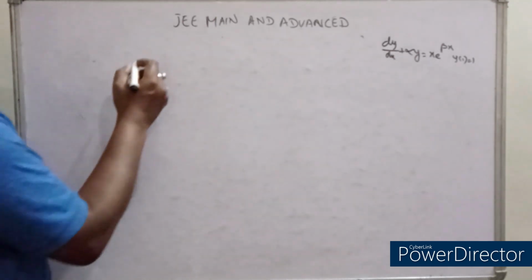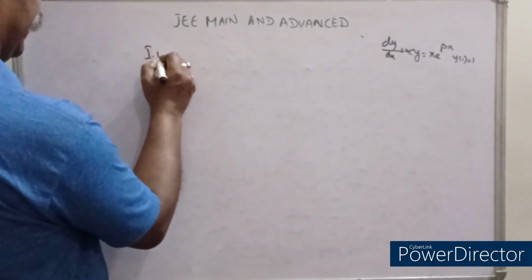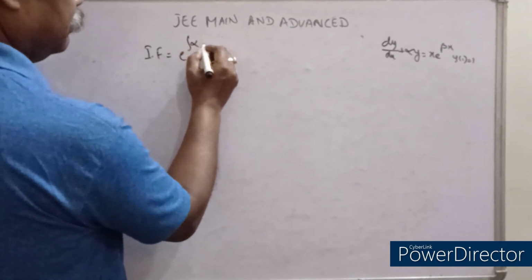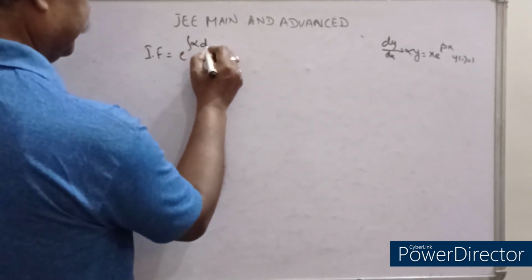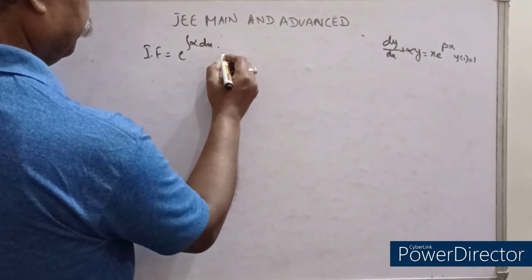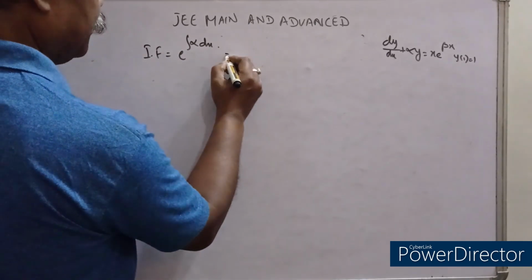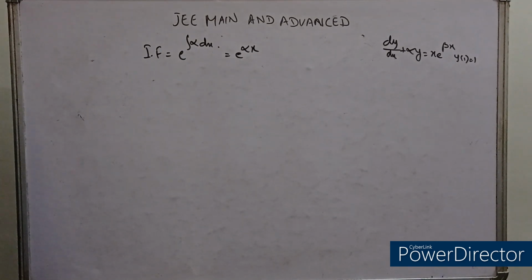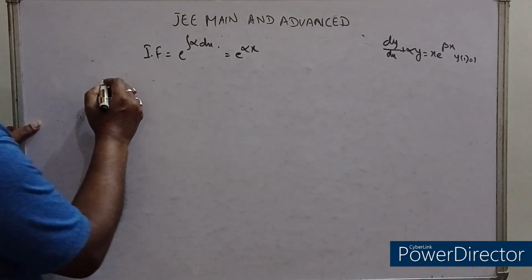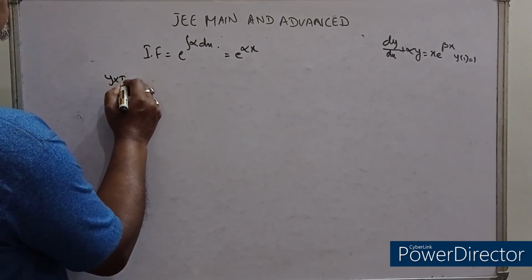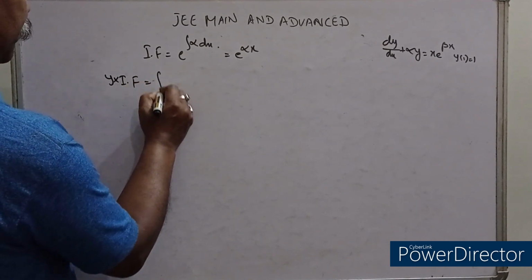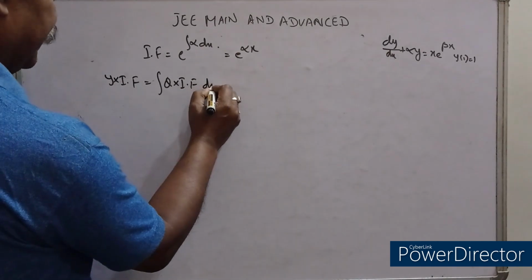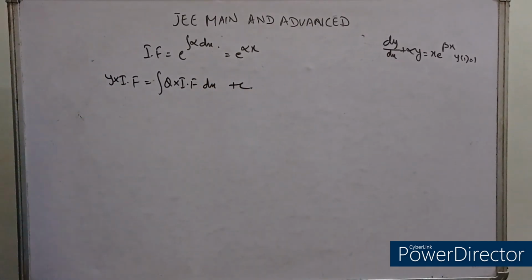To solve this, the integration factor will be e to the power of integral of alpha dx, and so this will be equal to e to the power of alpha x. So this is your integration factor. So y into integration factor will be equal to integral of q into integration factor dx plus c.